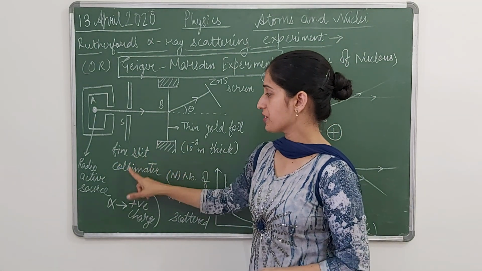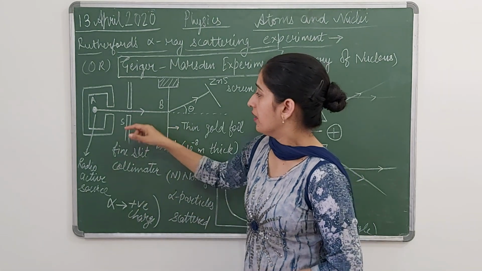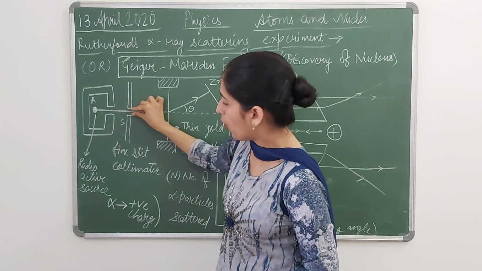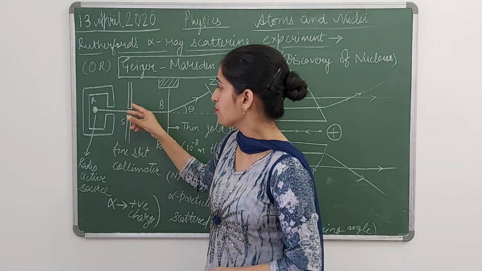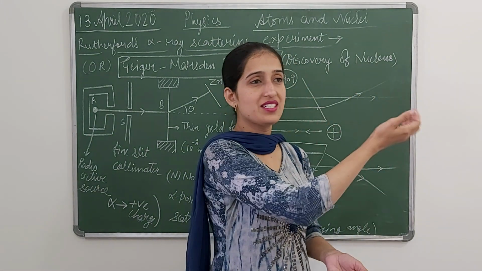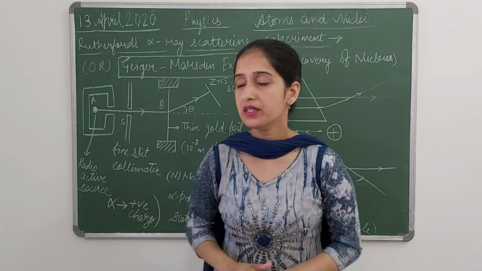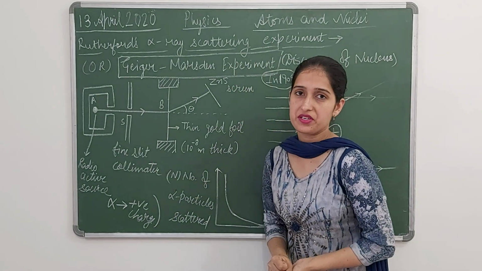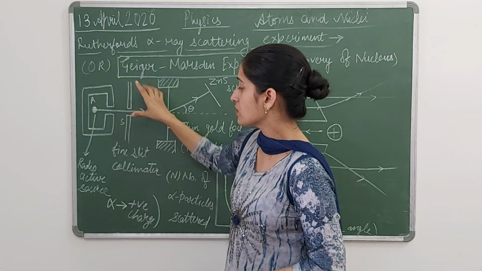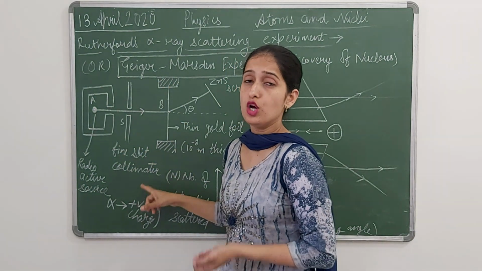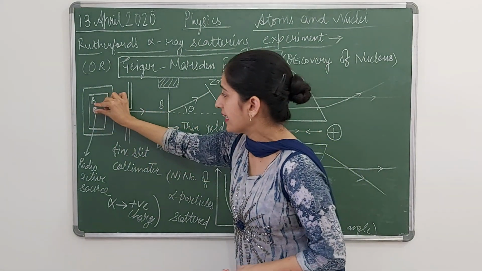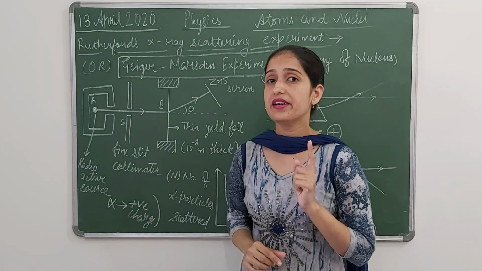Then fine slit collimator. You can see a barrier is there and a small opening is there. This small opening helps to adjust the width of the coming beam. To adjust the width of the beam, we use the fine slit collimator, so that the alpha rays which are coming from the source can move in a single direction.